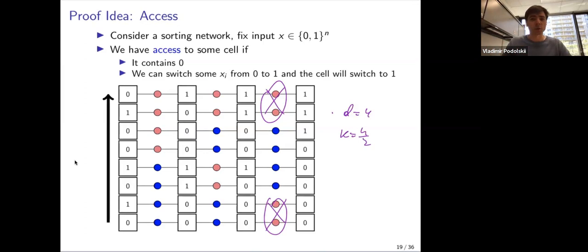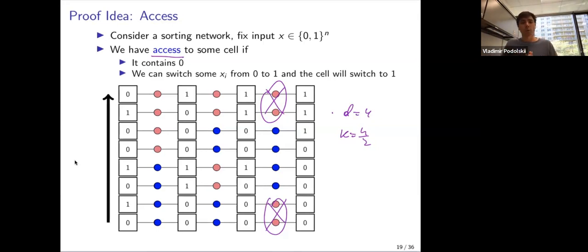Okay, we have access to some cell, where a cell is any cell in this picture, if this cell contains 0, and also we can switch some input from 0 to 1, and the cell will switch from 0 to 1. So we have access to the cell if we can actually.